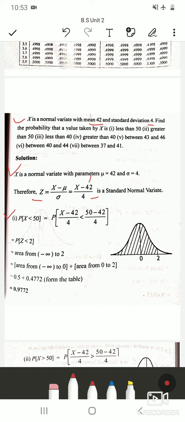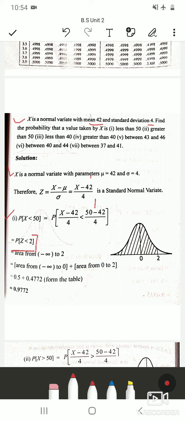Therefore this equals P of (x minus 42) by 4 less than, so on both sides we are subtracting the mean and dividing by the standard deviation. This whole term is nothing but z, as we have seen. So it will be the probability of z less than 2. Why less than 2? Because 50 minus 42 is 8, and 8 by 4 is 2. So we have arrived till here.